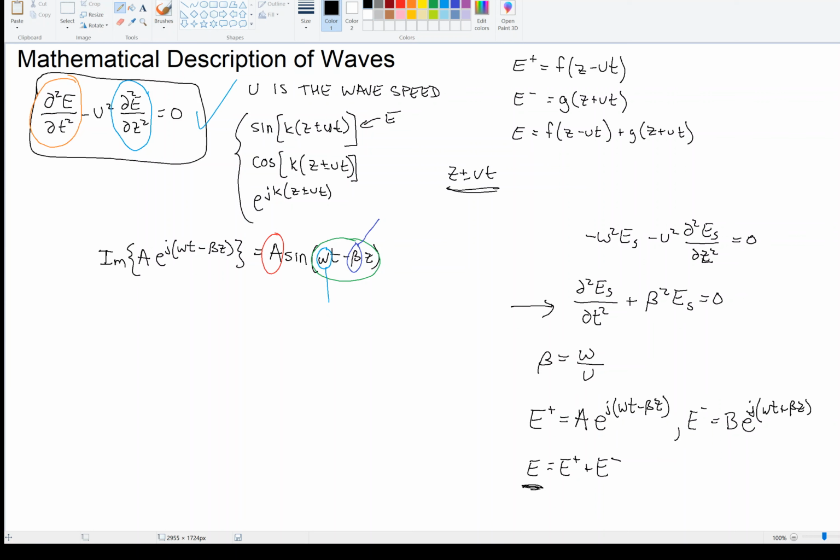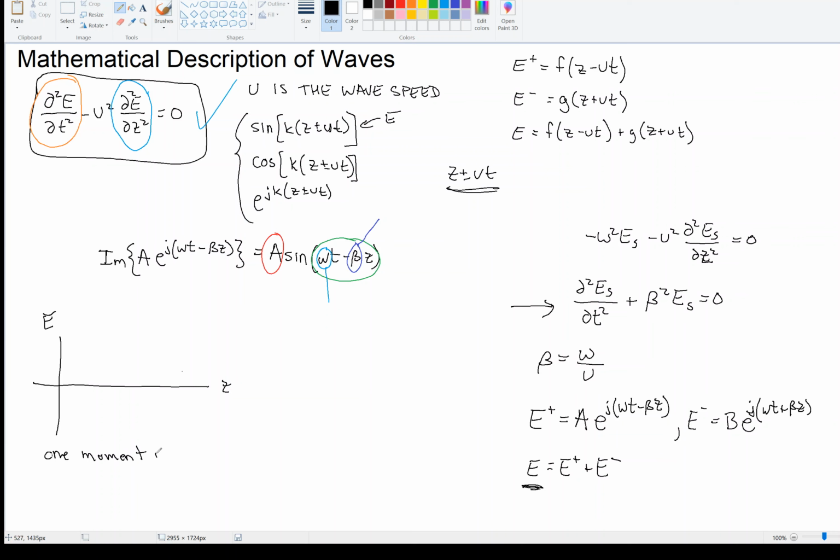Now, since E, the wave, is a function of both z and t, space and time, it takes two figures to plot E. Let me show you that. So we could take a plot of E versus z at one moment in time, for a fixed t.